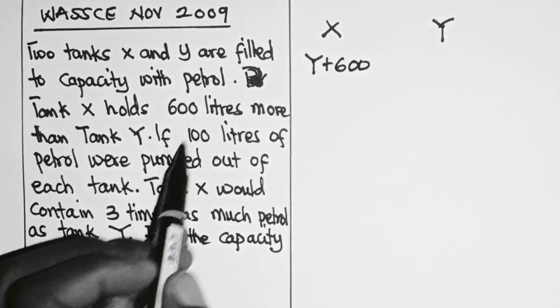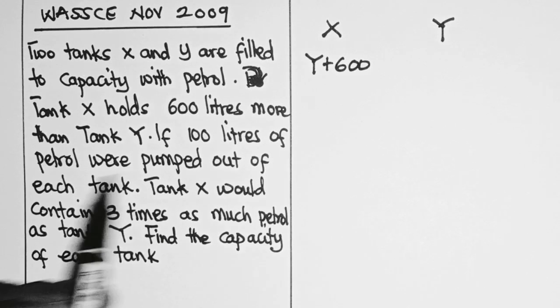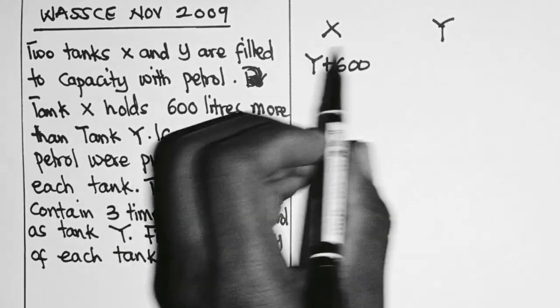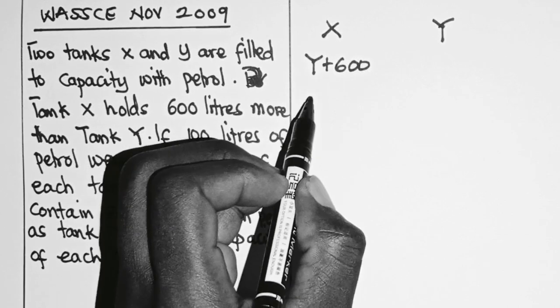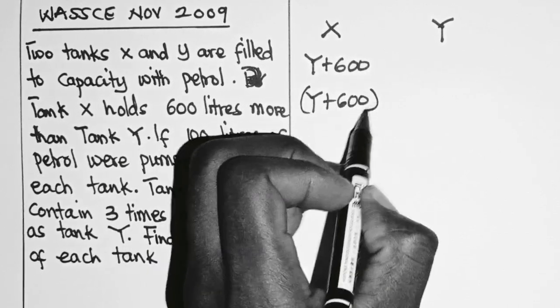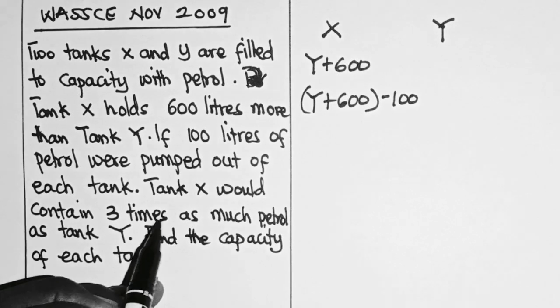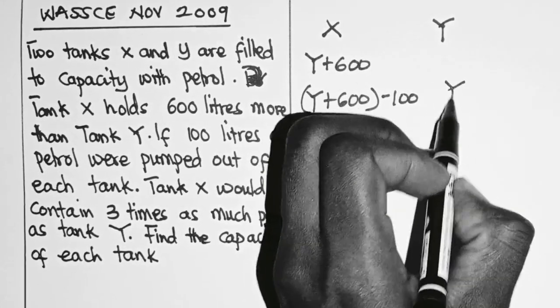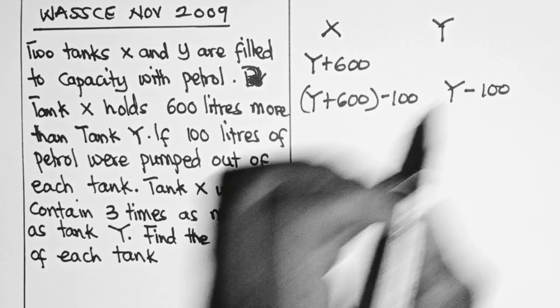Then he says that if 100 liters of petrol were pumped out of each tank, tank X becomes Y plus 600, then minus 100 because 100 liters is pumped out. And then tank Y becomes Y minus 100.